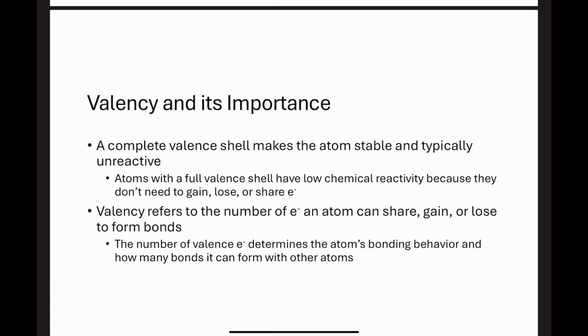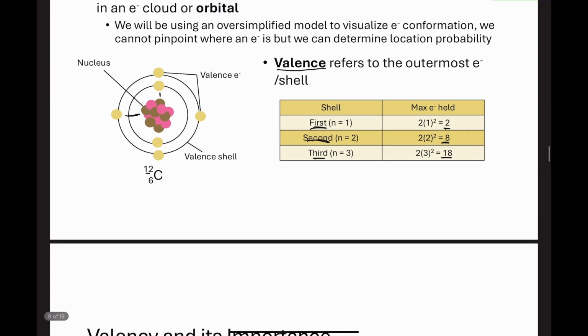Well, when the valence shell of an atom is full, that atom is considered stable and unreactive. So when we look at our carbon atom, do we think it is stable? No, it's not, because the valence shell of carbon can hold up to 8 electrons, but it only has 4.